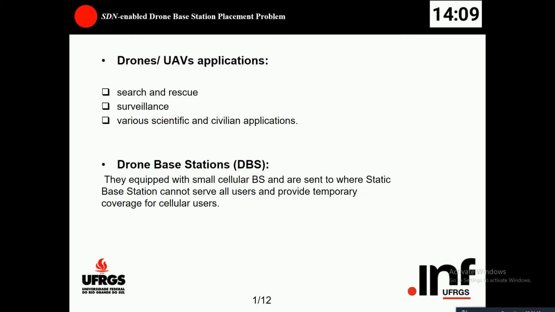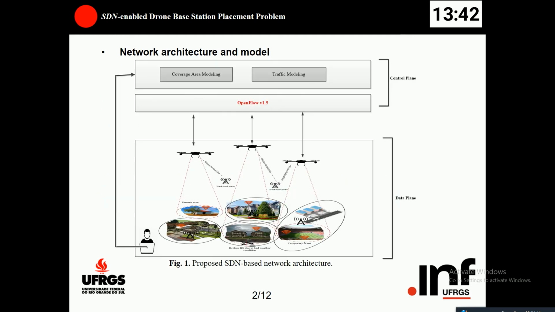Hence, to resolve these issues, the controllable drone base stations, or DBS, equipped with small cellular base stations are instantly sent to the target location and establish the necessary communication links and cover that area. Finding the optimal location and the appropriate number of DBSs is a challenging issue in cellular networks.